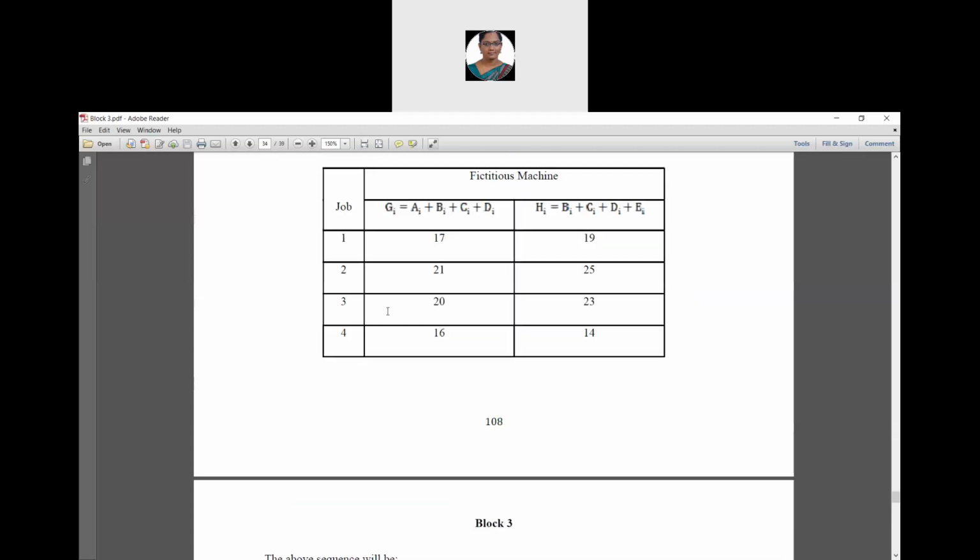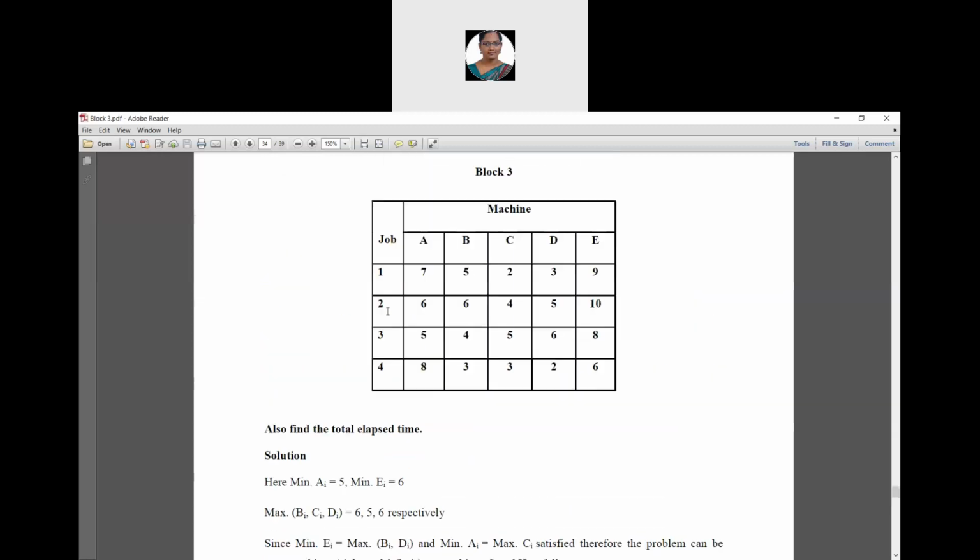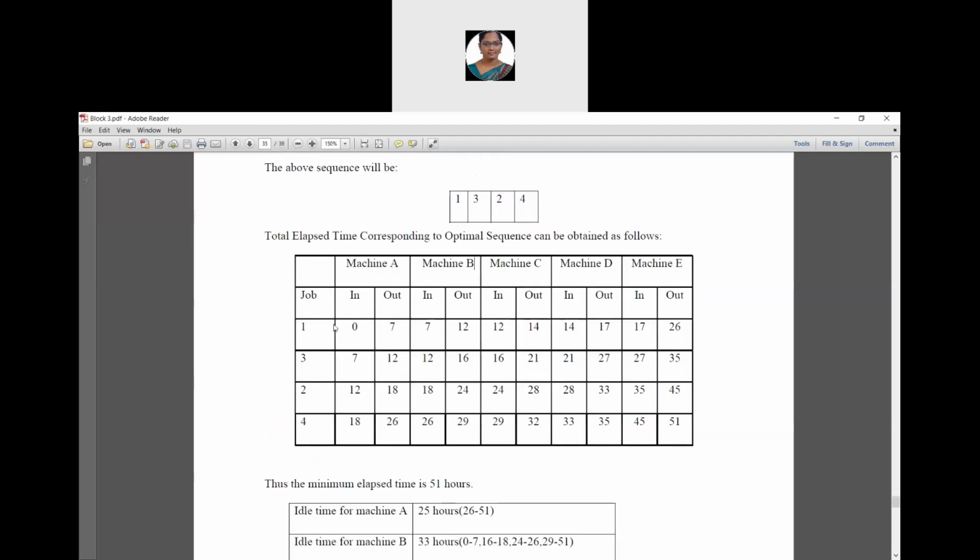Job 1 for machine A is 7, so 0 plus 7 is 7. Write the 7 here, and for the next out value, we add in value 7 plus the processing time for the third job in machine A. It is 5, so 7 plus 5 is 12.